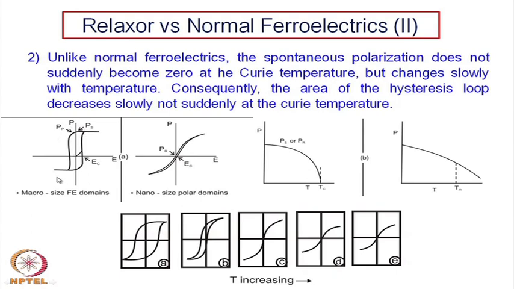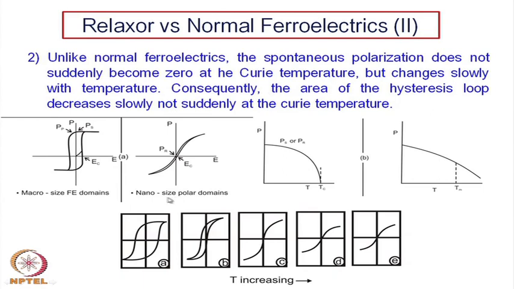They are much broader hysteresis loops for the normal ferroelectric like this. Of course, this looks like a square hysteresis loop, not necessarily square, but the coercive field is large, and there is a very distinct remnant polarization here.